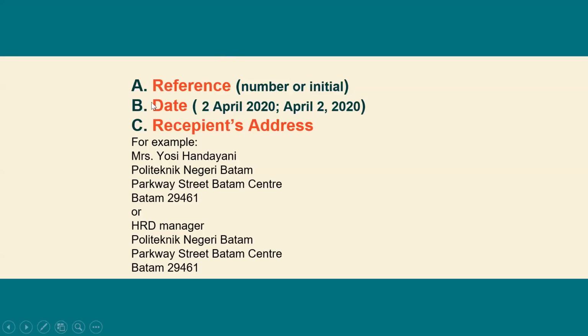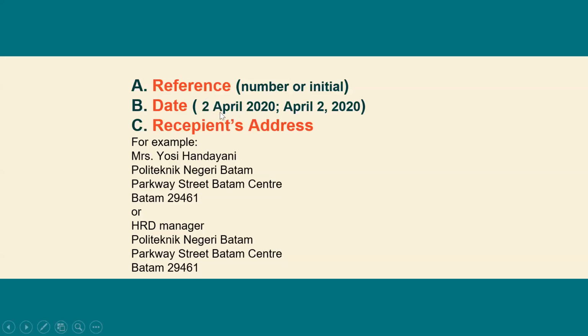The second component is date. Actually, in this part, there is also no fixed style of writing the date of the letters. But the most common order to show the date is day, month, and then year.